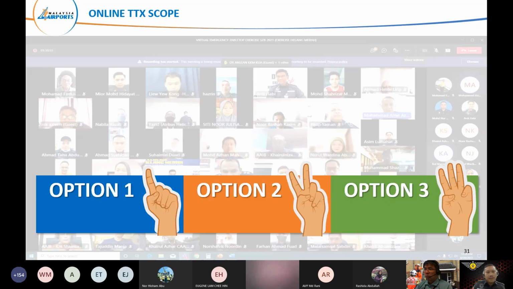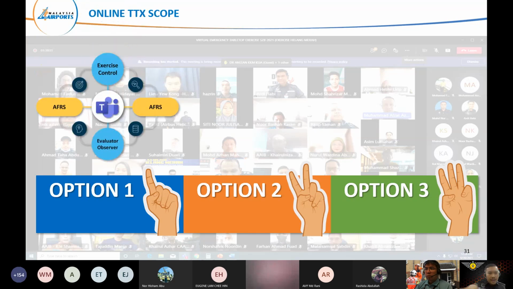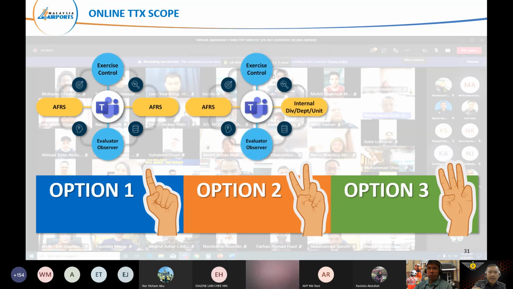So what are the options? Either you can conduct the tabletop exercise within the rescue and firefighting services among the AFRS team, like we did before, or among the airport operator, between the rescue and firefighting service as well as other departments or divisions within the airport operator.